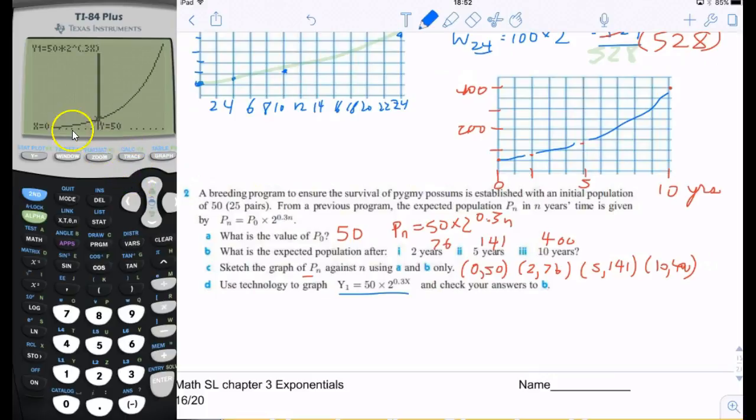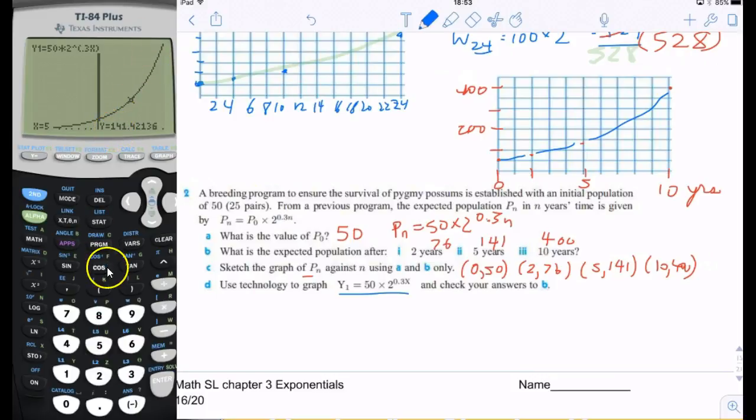When you first click on trace, it goes to x equals 0, and y equals 50. We confirmed that it's 0, 50. We could just type 2, enter, and it'll go to x equals 2, y equals 76. We could do trace and then hit 5, and it'll go to 5, 141.